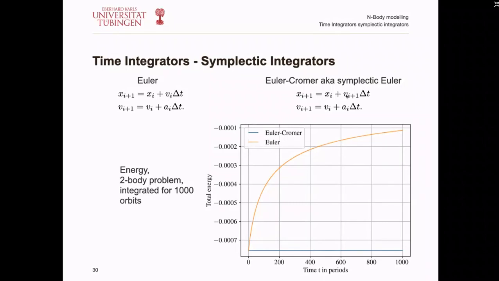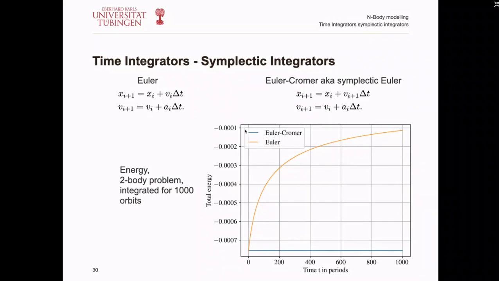And in the symplectic Euler, you first calculate the velocity by your current accelerations, and then you calculate the new positions with this new velocity from the new time step. This gives you a symmetry in the equations. Okay, and from the symmetry in the equations, you get directly this energy conservation.